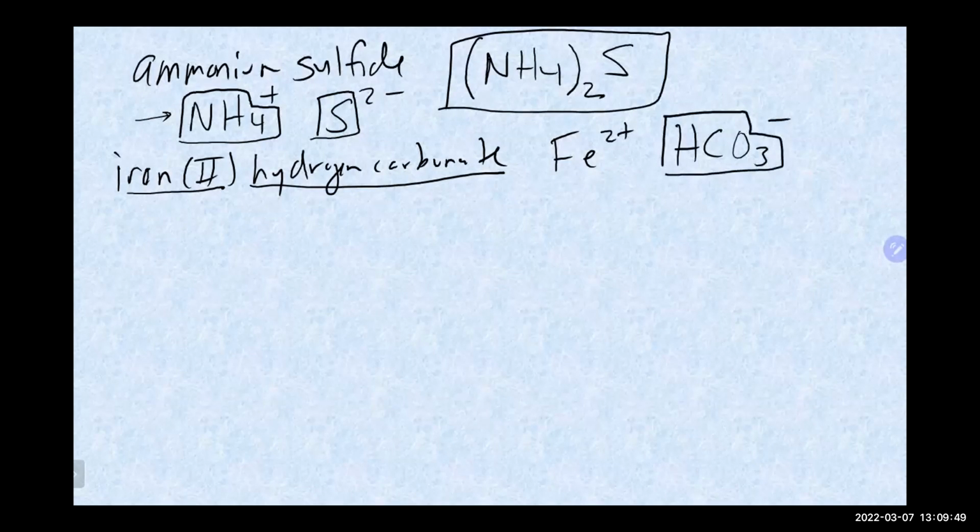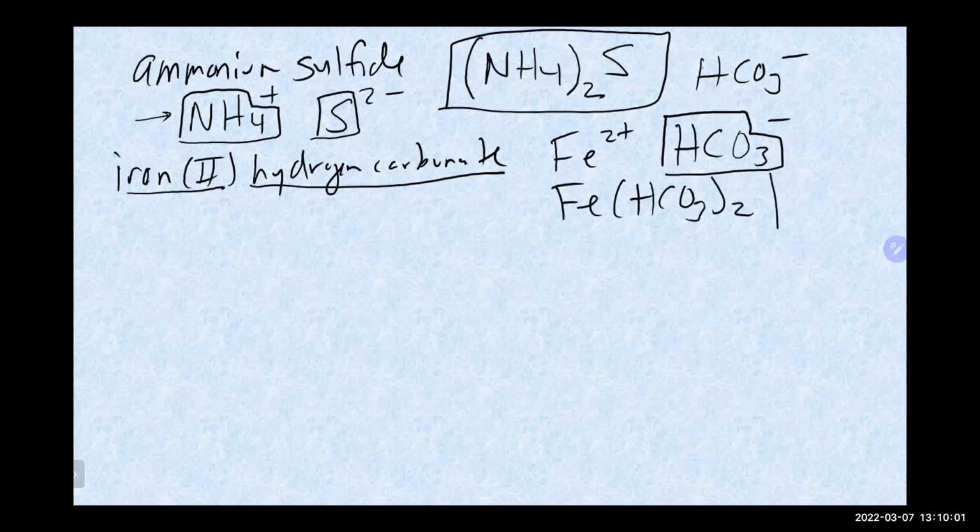So again, we want to get to 0. So we need not 1, but we need 2 of those hydrogen carbonates. That would give us an Fe(HCO3)2. Again, we need to put the 2 on the bottom because there is more than one of those polyatomic ions. Any questions on that one there?